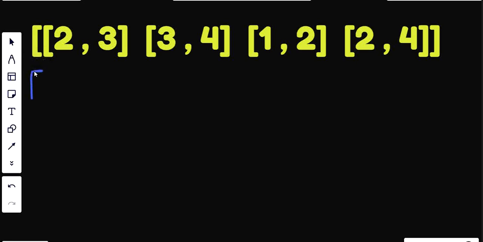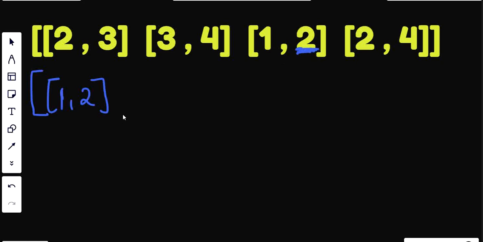If I sort this array, what will be the values? First 1 and 2 will come, and as we already saw in the previous method, the major focus is on the previous ending. What is the previous ending? It is the ending that we are just storing, so that we can check it with the next upcoming interval to see whether they are overlapping or not. So we will be sorting our array on the basis of the second value only.